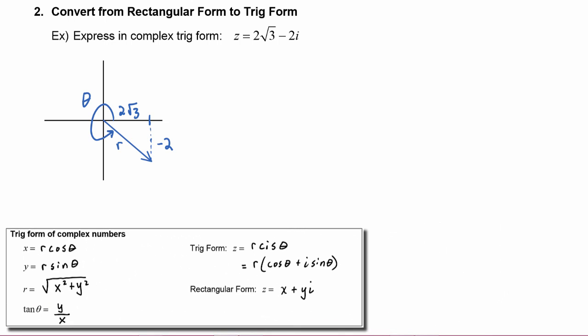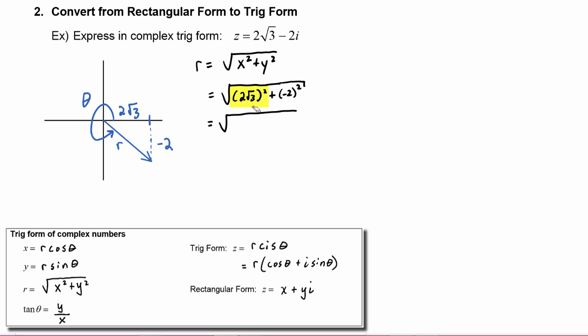Using our conversion factors, we know that r is equal to the square root of x squared plus y squared. So that will be the square root of 2 radical 3 squared plus a minus 2 squared, which is equal to the square root.